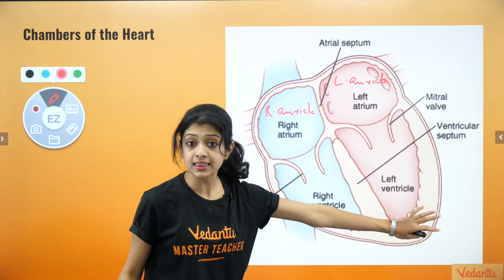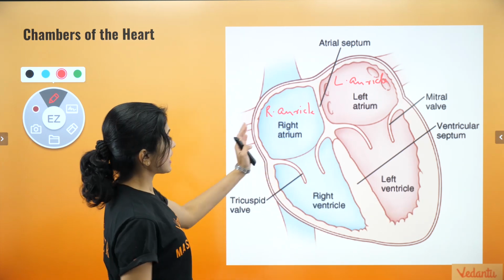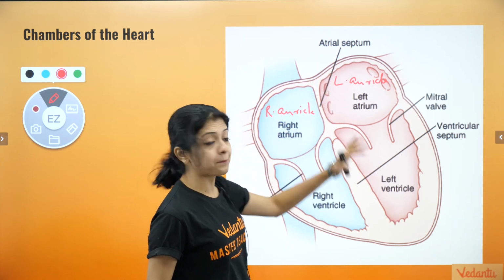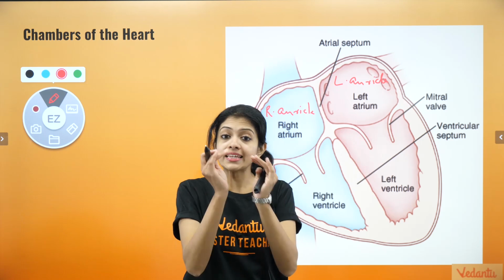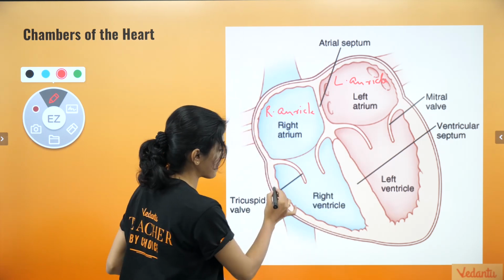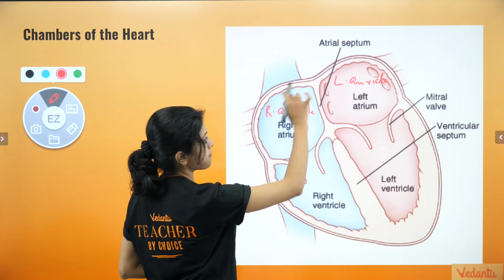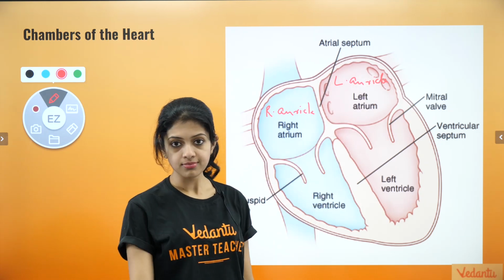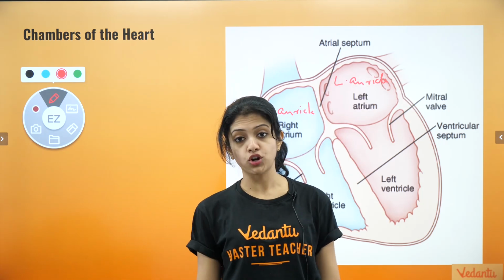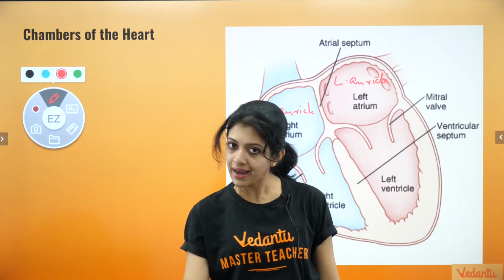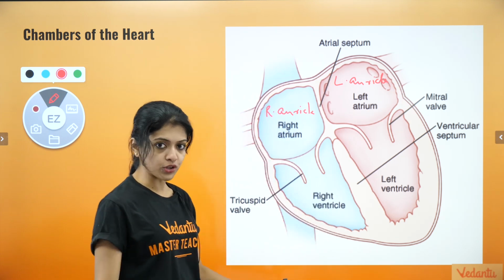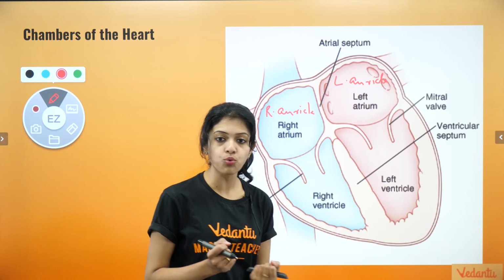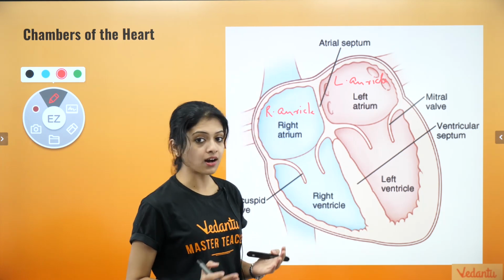Just by a glance at this image, you would understand that the atria compared to the ventricles are thinner walled. Ventricles are much thicker walled as compared to the atria. Right? Of course, there's a reason for this, which you will understand by the end of this session. Okay, but for now, just understand atria are thin-walled and ventricles are thicker-walled.